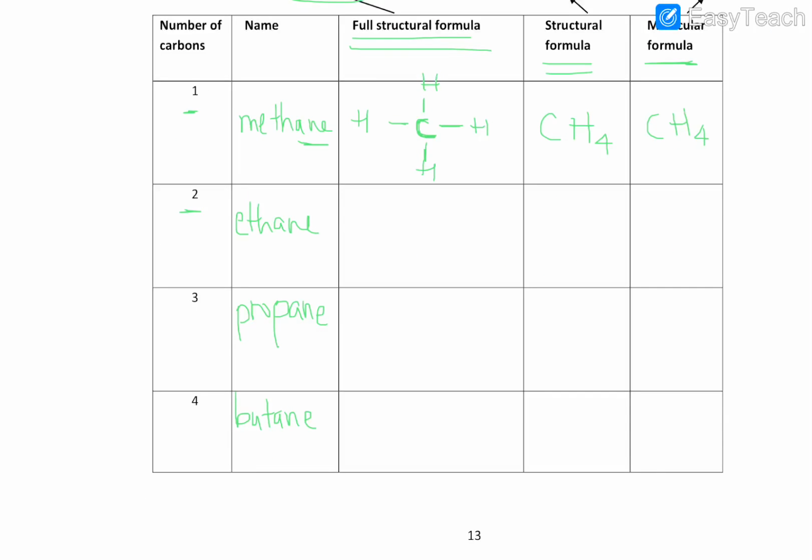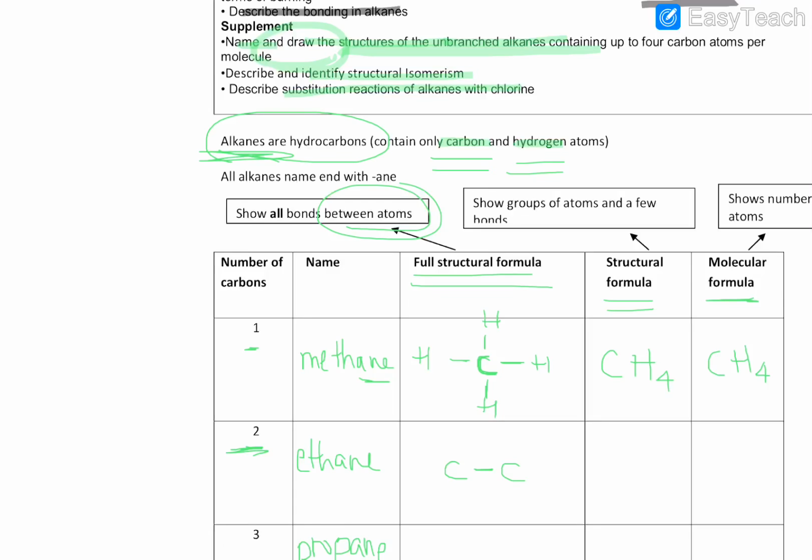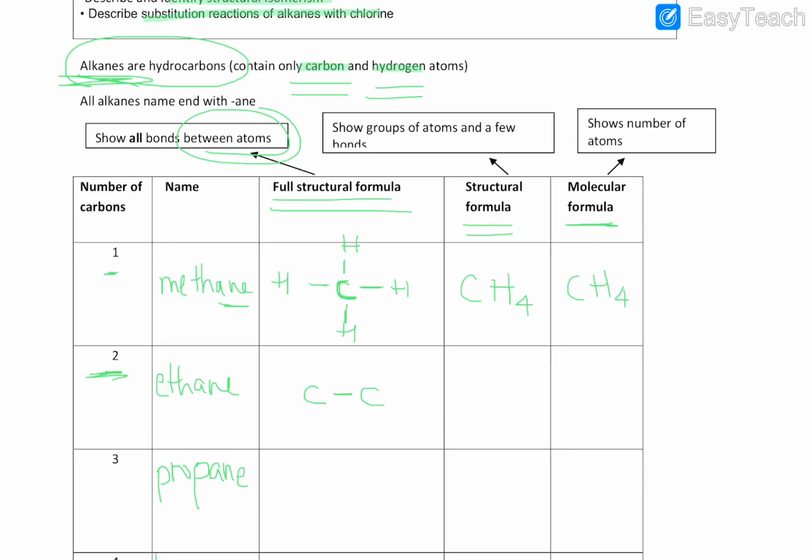Let's see ethane. Ethane has 2 carbons, bonded to each other with single bonds. We're referring to alkanes, and alkanes have all single bonds. The rest of the bonds are going to be hydrogen. Carbon needs to form 4 bonds.